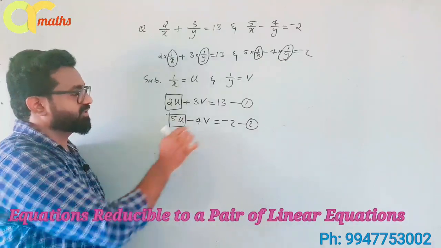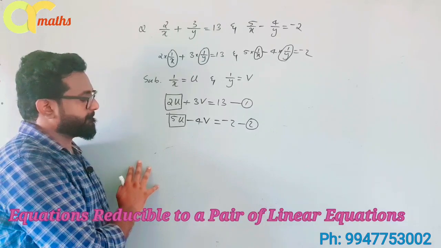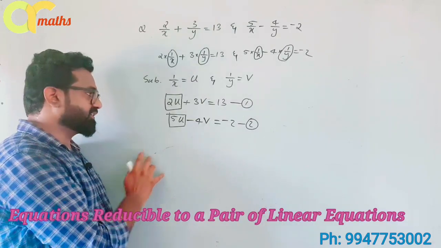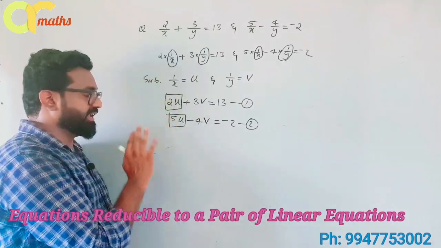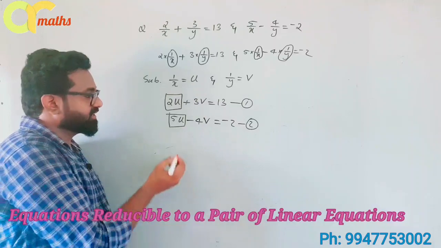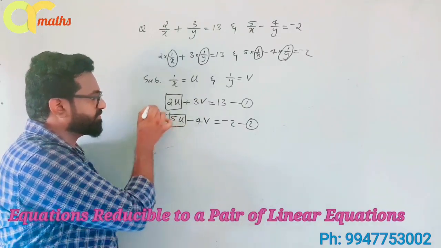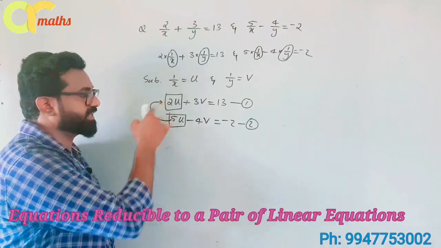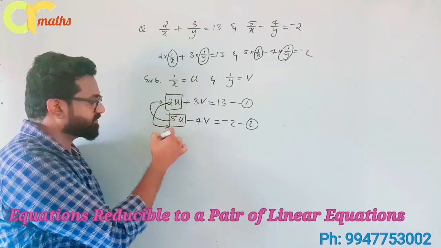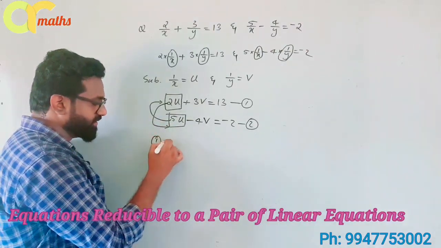No. Here also no. In this case, just exchange the coefficients to make the coefficients equal. Exchange the coefficients means here 5. So this 5 is multiplied here, so it will be 10. And this coefficient is multiplied here, it will be 10. That means equation 1 into 5.